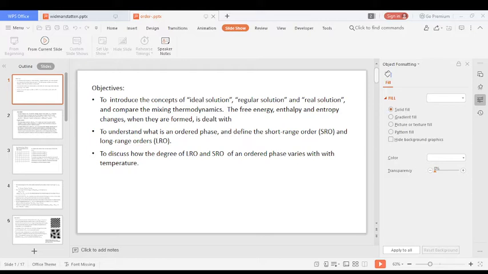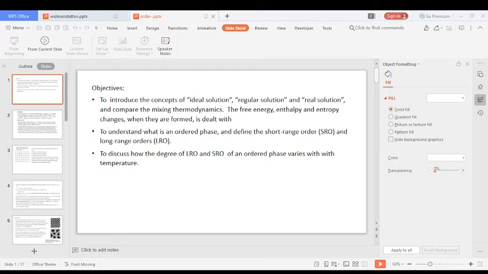So when we are writing this delta S mix by this formula, we are assuming that the solution is completely a random solution. So the probability of occupancy of any given lattice position by an A atom is the same as its mole fraction XA.